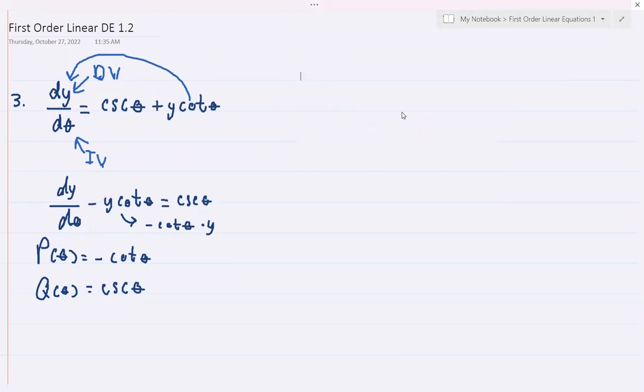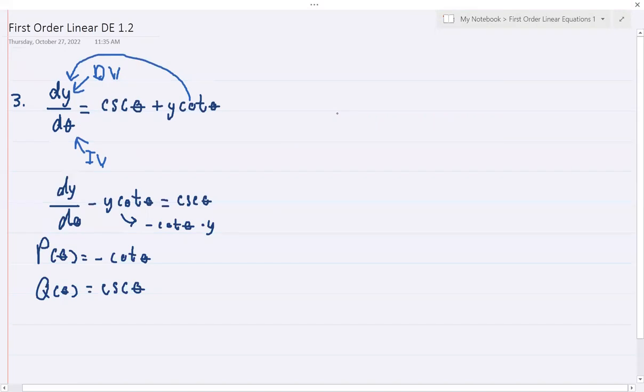Now that we have already figured out which one is your p of theta and q of theta, we can now find your integrating factor. Remember that your integrating factor is u is equal to e raised to the integral of p of x dx, right? Do you remember that? Remember that your independent variable is theta.